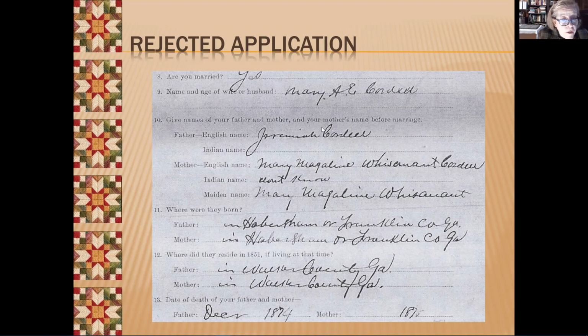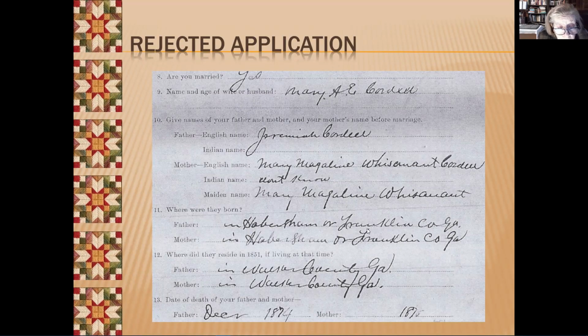Given name of your father and mother and your mother's basically maiden name. Jeremiah Cardell, Mary Magdalene Wisenhunt Cardell. So her maiden name was Wisenhunt. Where were they born? So now we have some birth information.